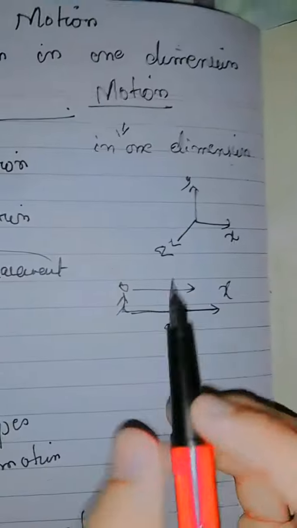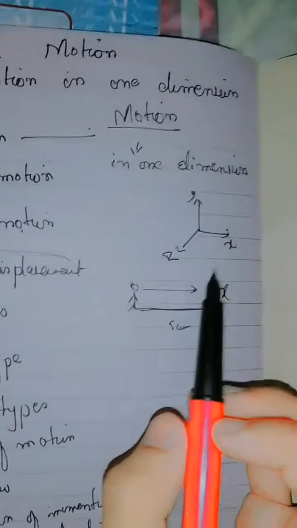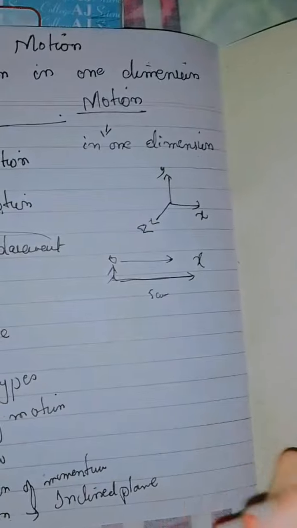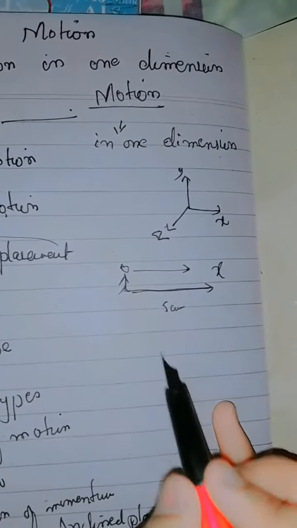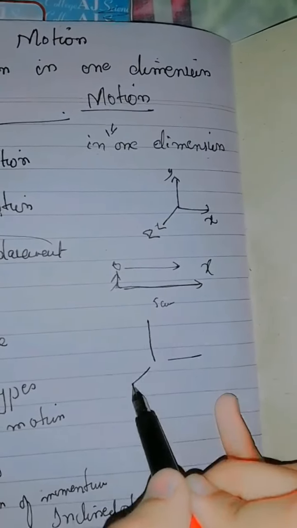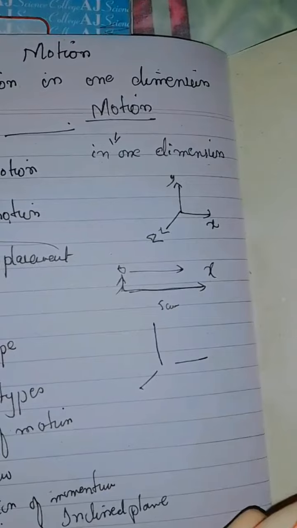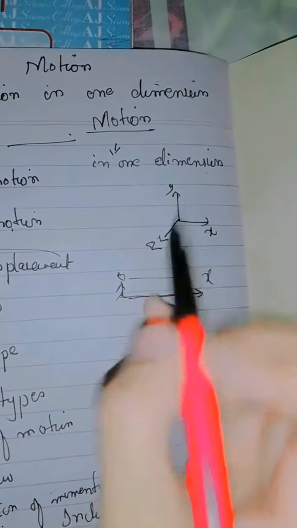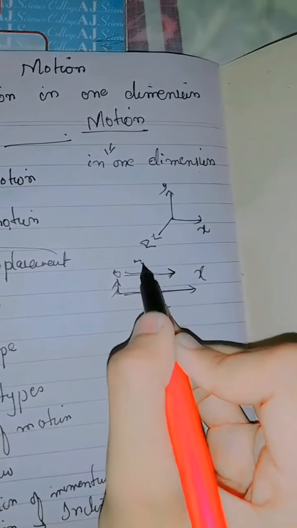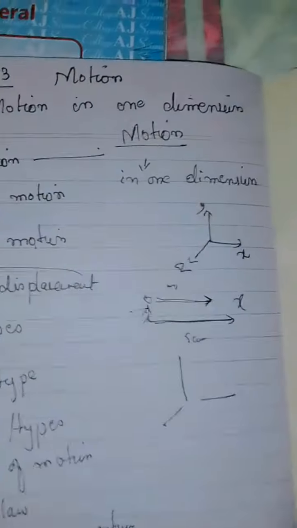So whenever we talk about motion, it will be in one dimension. It means at a time it can be in one direction. If we are going along the x axis, y axis or z axis, it will be in one direction. And if a person is moving in the x direction, he is said to be in motion.